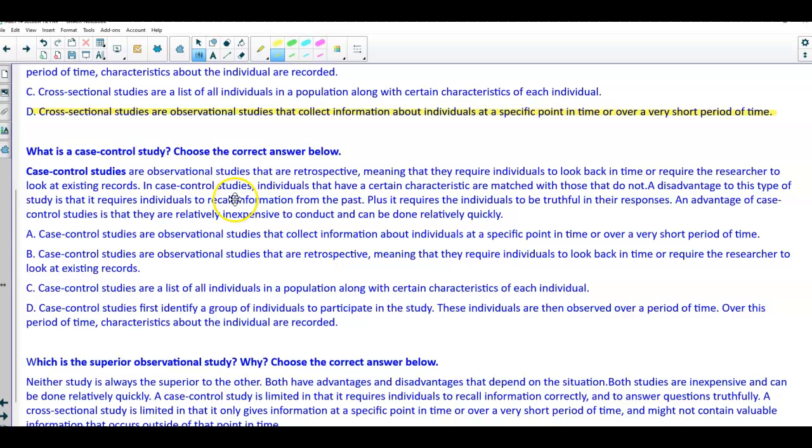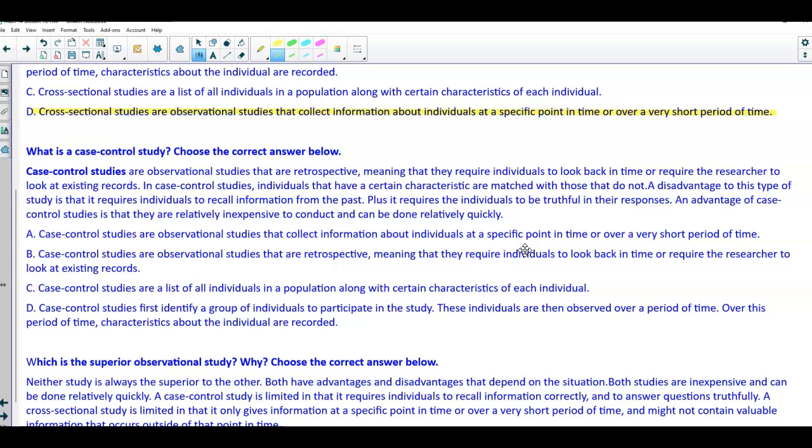In case control studies, individuals that have a certain characteristic are matched with those that do not. A disadvantage to this type of study is that it requires individuals to recall information from the past. Plus, it requires the individuals to be truthful in their responses. An advantage of case control studies is that they are relatively inexpensive to conduct and can be done relatively quickly.